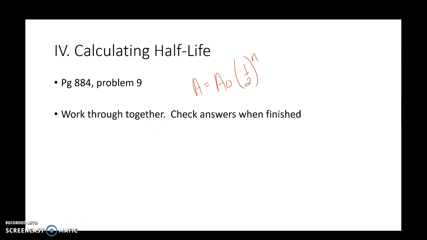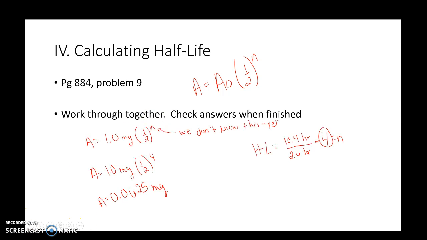All right, so working through question number 9, we have A equals 1.0 milligrams times half to the nth power. Now, we don't necessarily know n just yet, but we can solve for that. So that's what this equation over here is for.